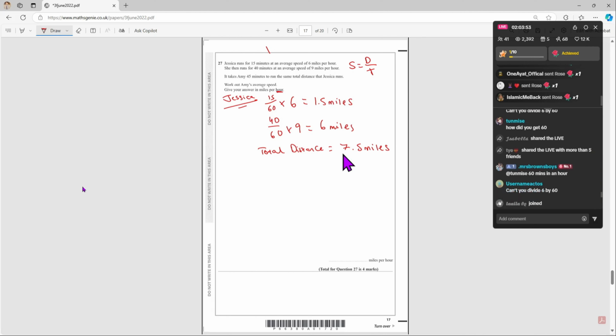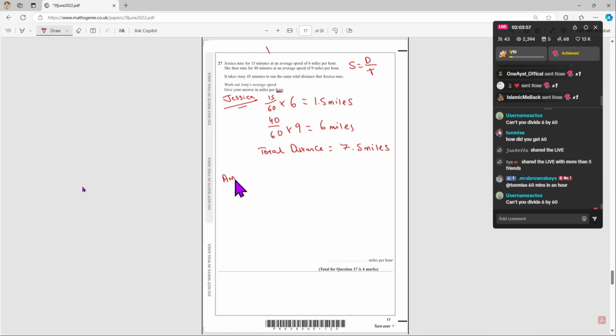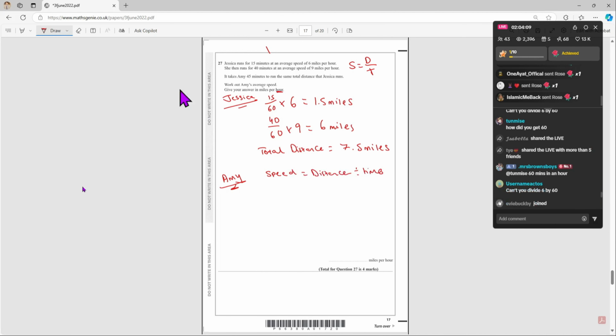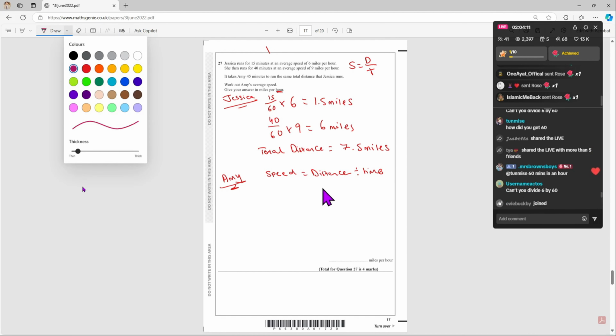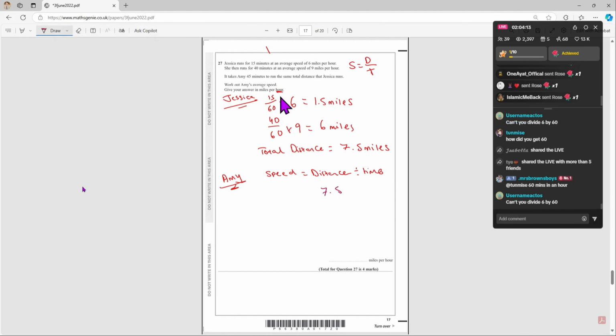So you work out the total distance that Jessica travels. Now we need to work out Amy's speed. We know that speed is equal to distance divided by time. The distance that she traveled is 7.5, and the time taken was 45.